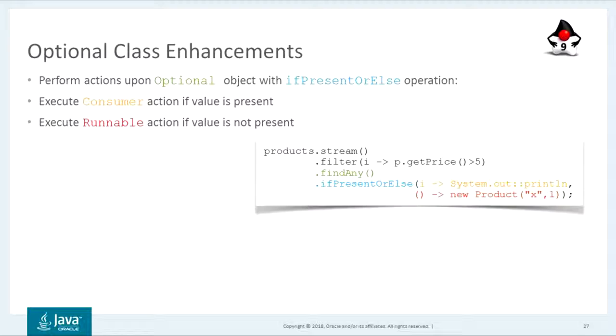And then if I can find it or I can't find it, I want different actions. So if present, I want to print it. If not present, I want to create a new object, for example. So any kind of runnable action at that stage. So the ifPresentOrElse method is a new feature of the Optional class.